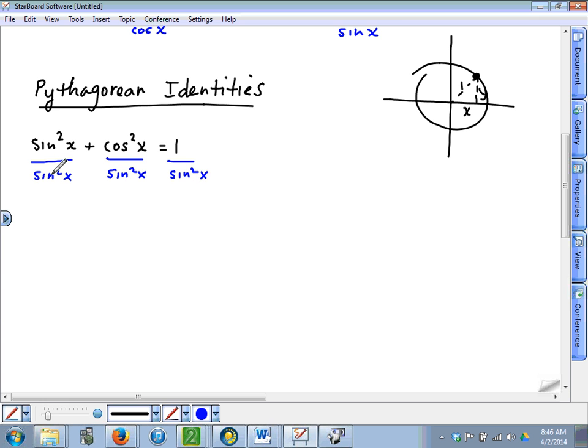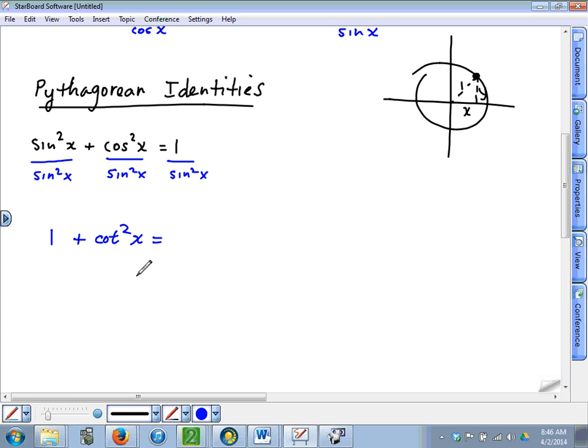This doesn't really disappear. It becomes 1. So this is 1 plus... What's cosine over sine? It wasn't tangent, it was cotangent. So this is cotangent squared of x.